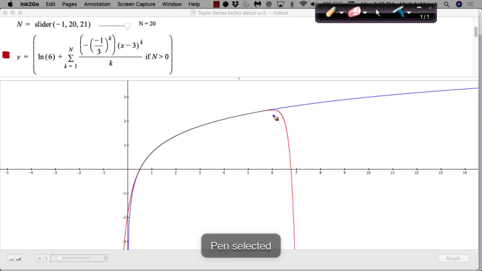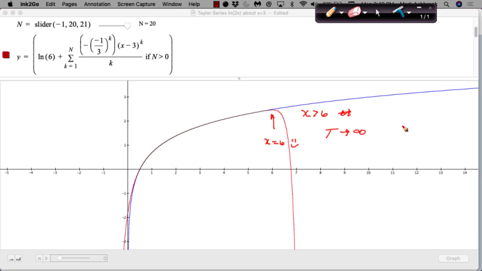At x equals 6, it will converge. But as soon as x is greater than 6, the Taylor polynomial is going to go to infinity. But to get the value right at x equals 6, you're going to need all infinitely many terms, and then it'll finally get x equals 6 right. And that's true for any value except 3.